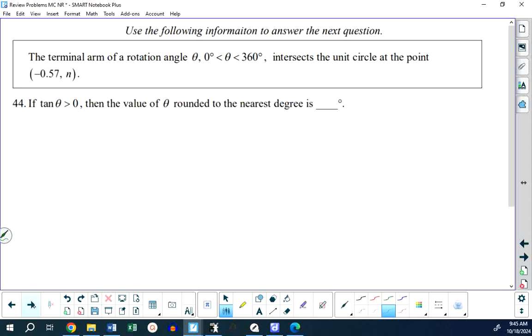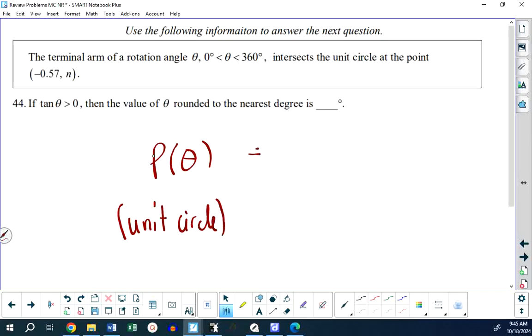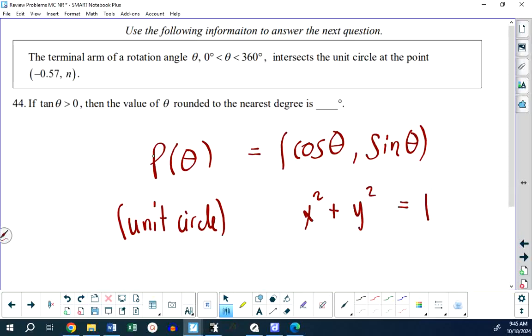And the key is that you need to know for the exam, you will be tested on this somewhere, that a point on the unit circle will always pass through cos of theta, comma, sine of theta. And, so that's not really for this question, but I want to put it here anyway. And the x coordinate squared plus the y coordinate squared will give you 1.